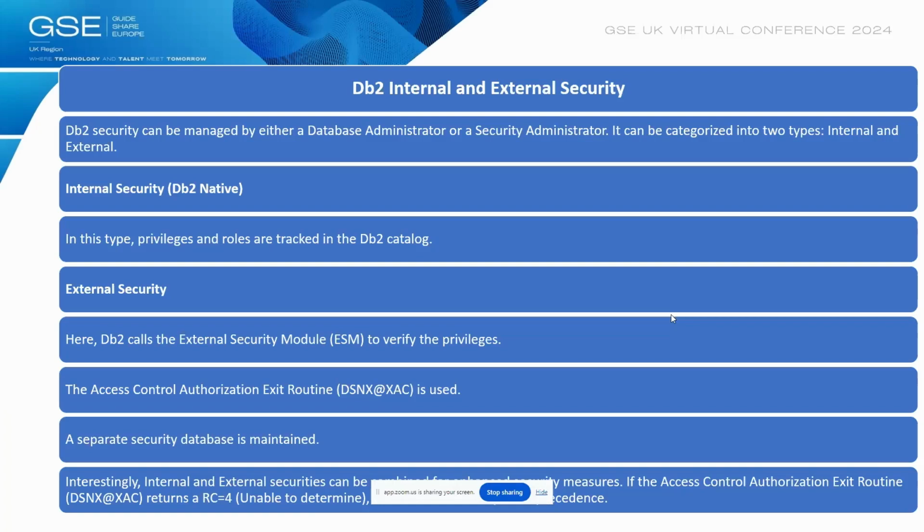For internal, Db2 native privileges and roles are tracked in the Db2 catalog. For external, the ESM, external security module, is used to verify the privileges. A specific authorization exit routine is used. There's an exit, not XIC.